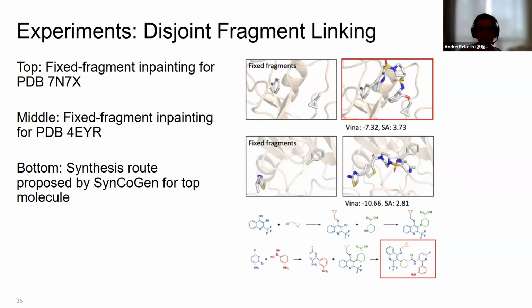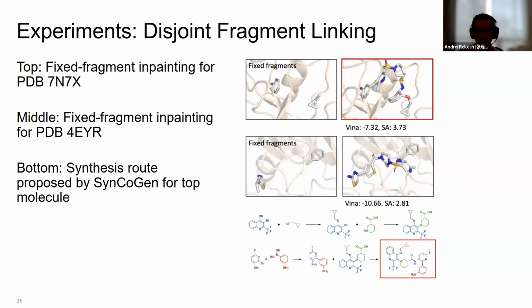And it's able to take two fixed fragments. So here we select two PDB proteins with ligands that have building blocks at each end that correspond to building blocks in our data set. We clear out the middle and we use SynCoGen to generate linkers for them.